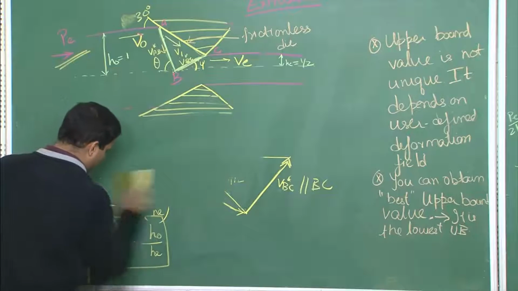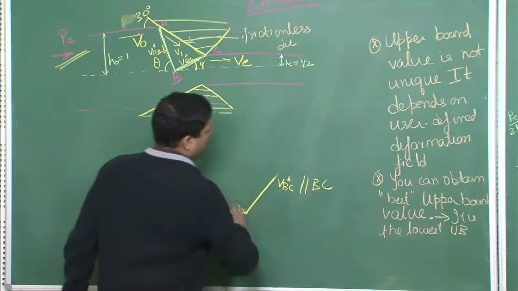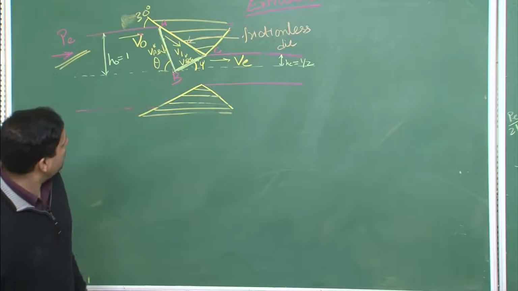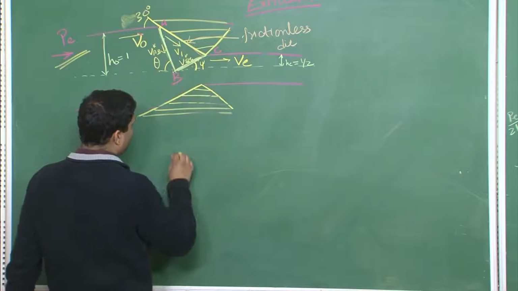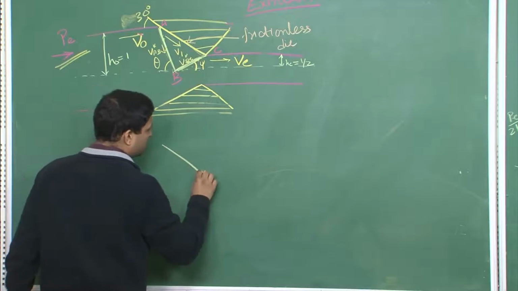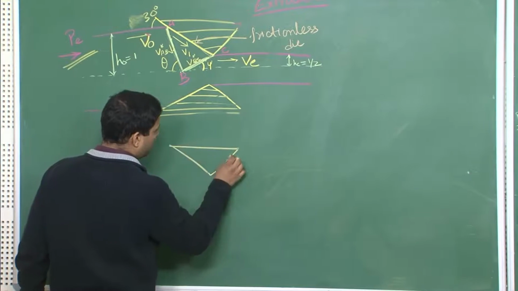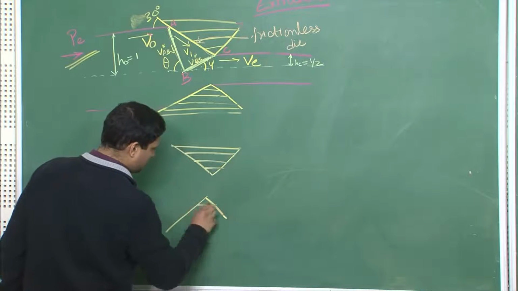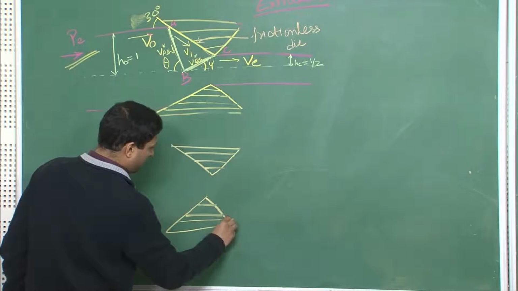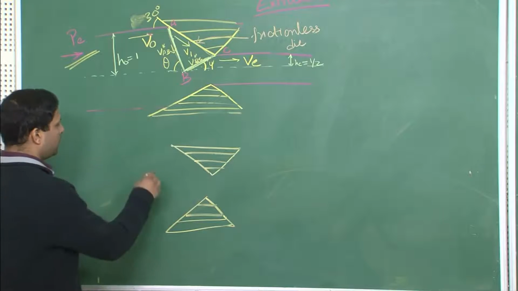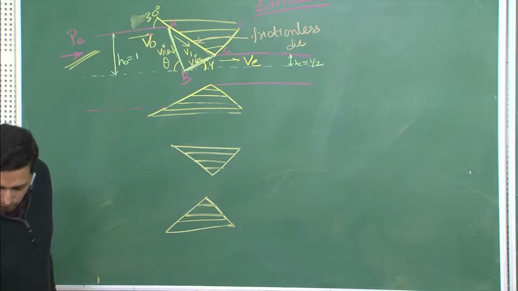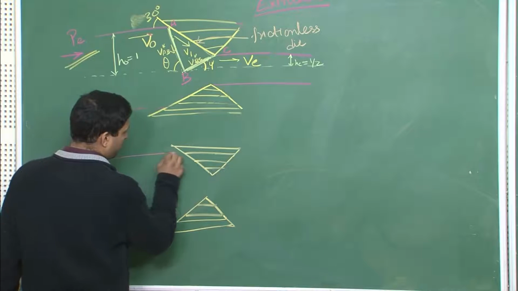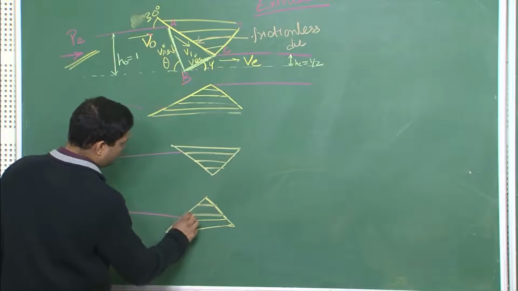Now, let us forget everything and try to draw still another deformation field for this. So, I will draw a similar kind of die. So, let us say everything is similar, we have a die like this. And we will also assume that the material is flowing, the same width of material is flowing through this.